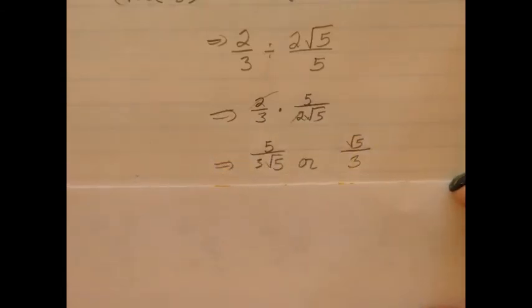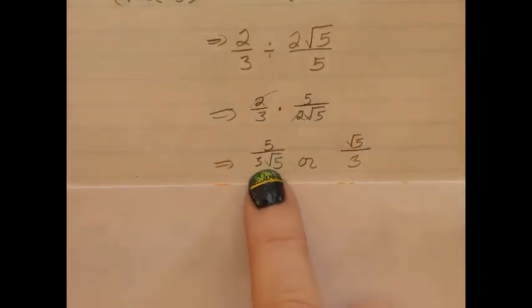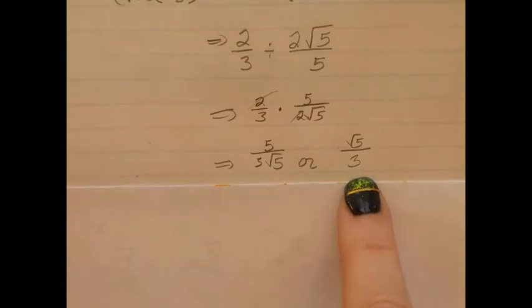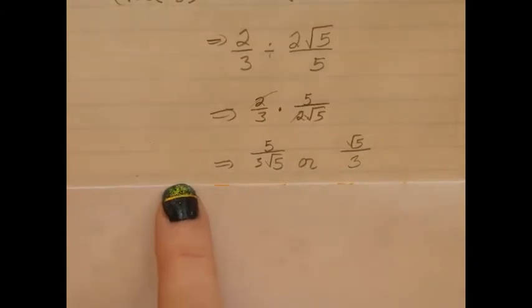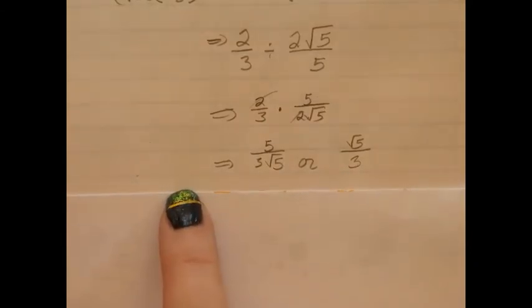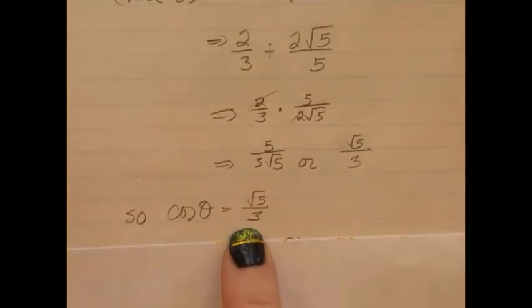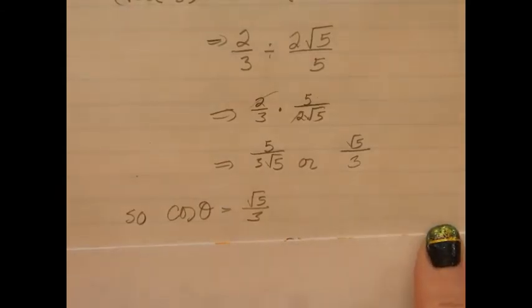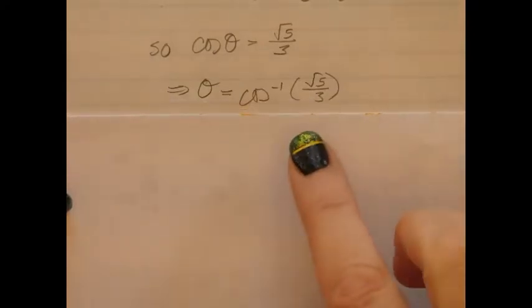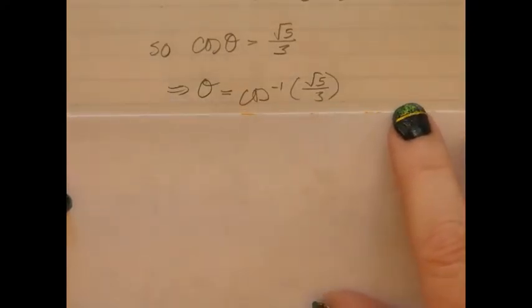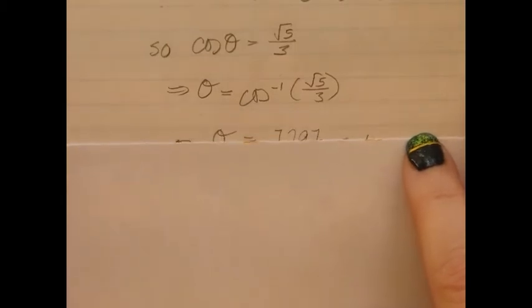Simplifying my problem, I get 5 over 3 root 5, or if you rationalize your denominator, you get the square root of 5 over 3. So cosine theta is equal to the square root of 5 over 3, and again, we want to solve for theta. So theta is equal to arc cosine of the square root of 5 over 3, exact answer.